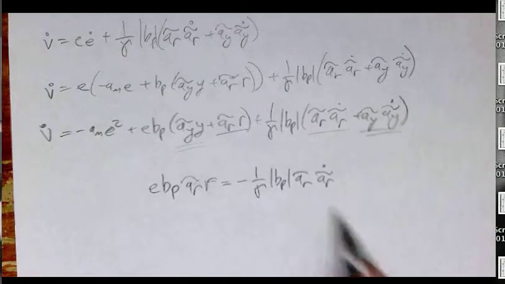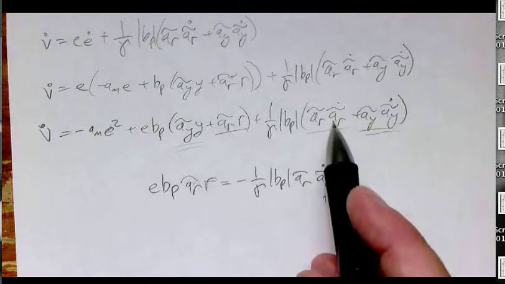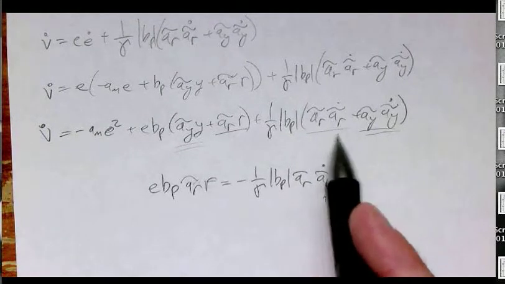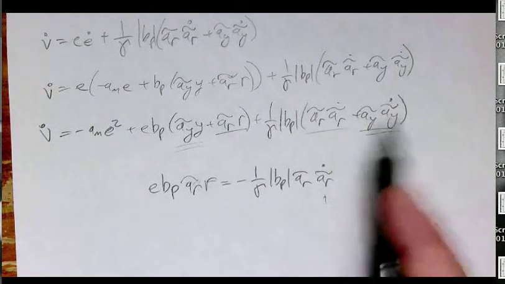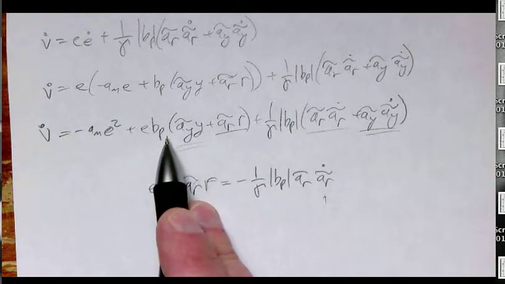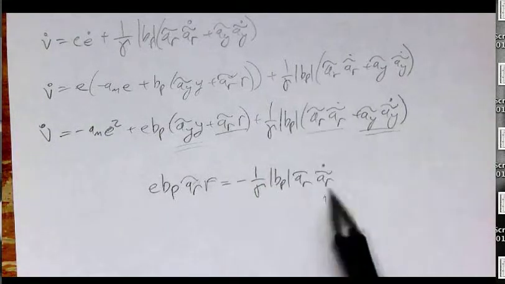Now it's AR tilde dot that we get to choose. So could we choose AR tilde dot in such a way that this term cancels that term, and then choose AY tilde in such a way that this term would cancel that term, leaving us with just V dot equal to a negative AM E squared? So how do we do that?